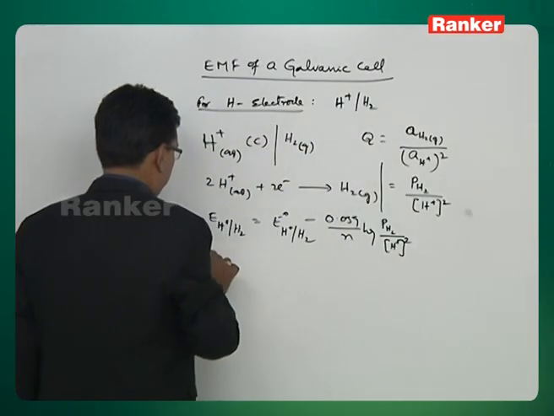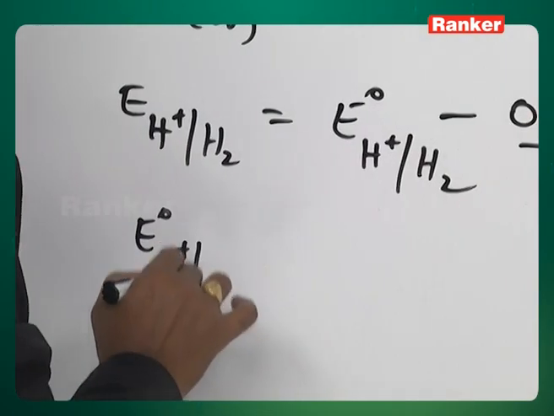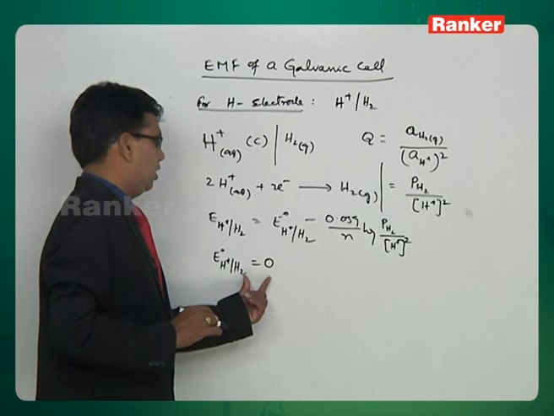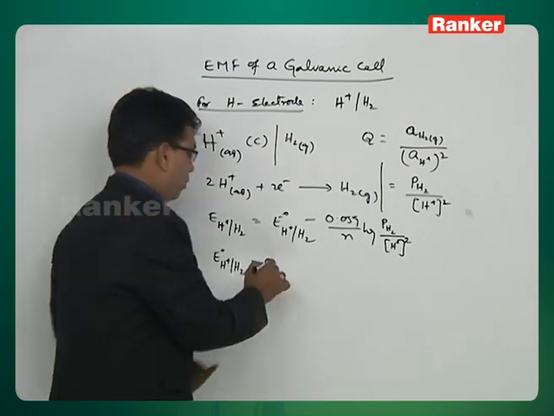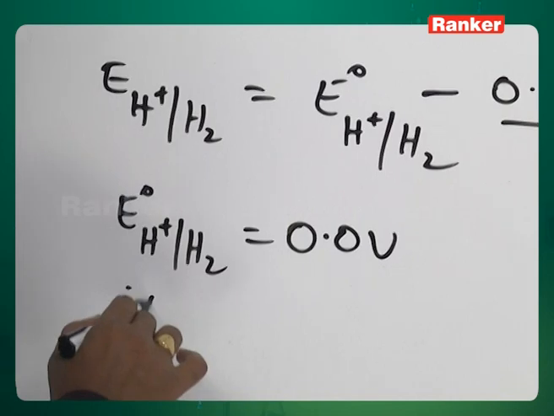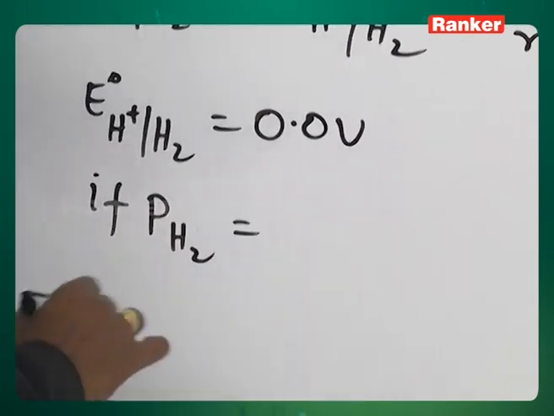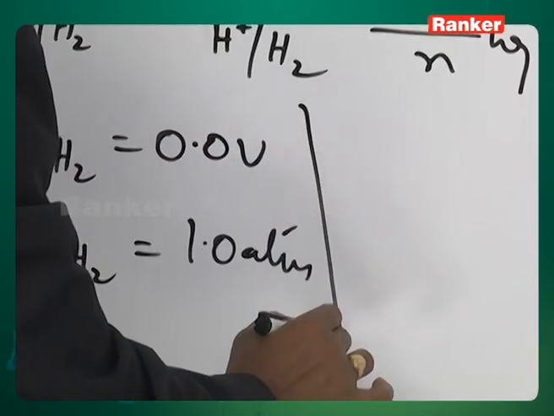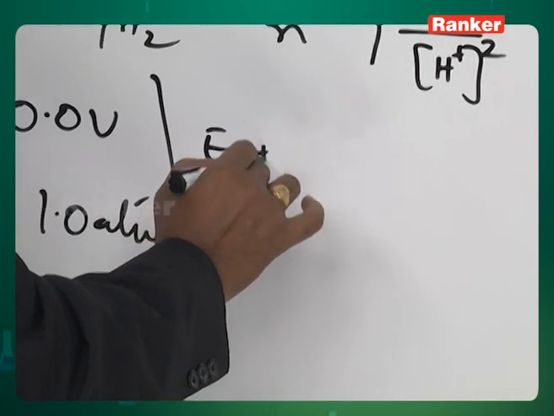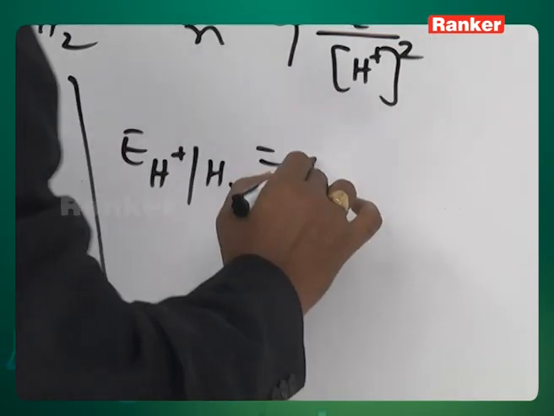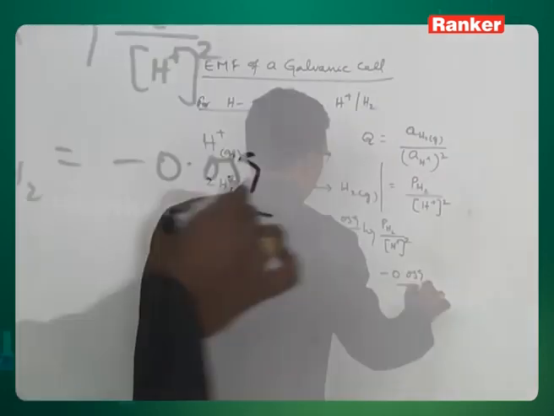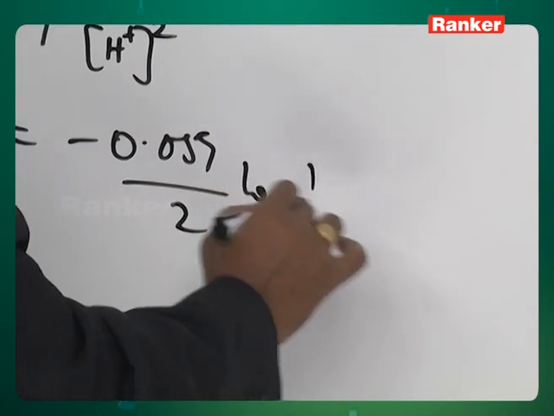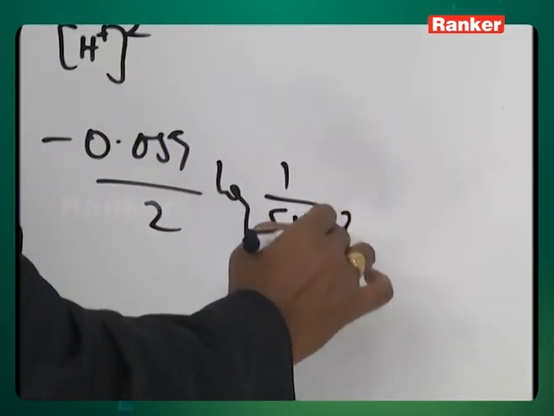Now, E naught H+/H2 is equal to 0, because for a standard hydrogen electrode the E naught value is 0. And if the pressure of hydrogen is 1 atmosphere, then E H+/H2 is equal to minus 0.059 by n, here n value is 2, so 2 log 1 by H+ square.